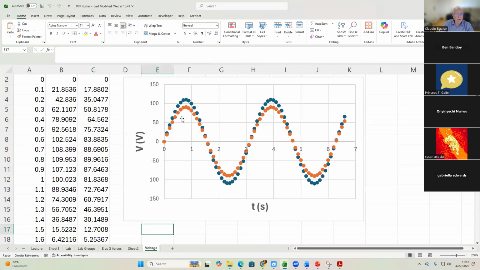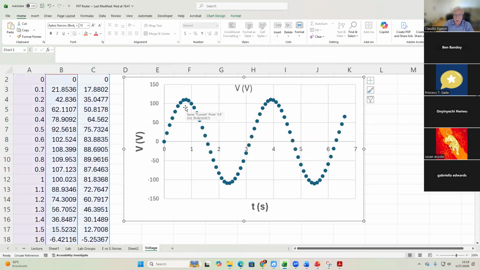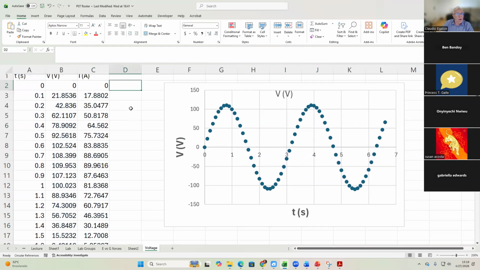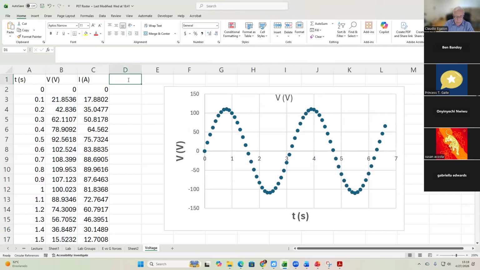Okay, so let's use this one here, right? And now when I square this equation, it's going to look like the following.